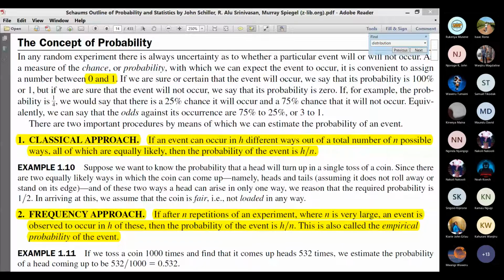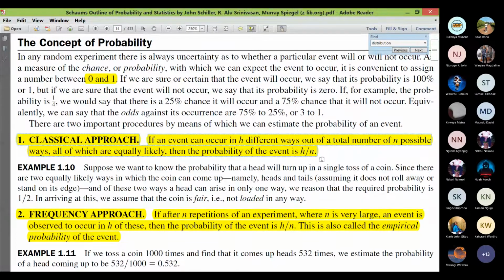So let me move on swiftly because there is an amount of information I wanted you to get today so that next week we pick another. Right now we are differentiating between the classical approach and the frequency approach. In the classical approach, if you know the sample space, then the sample space forms the denominator.